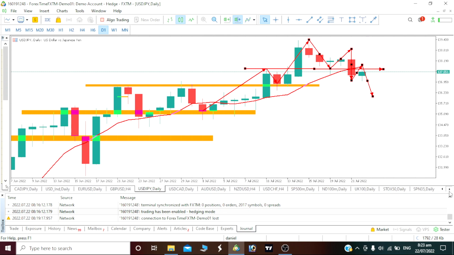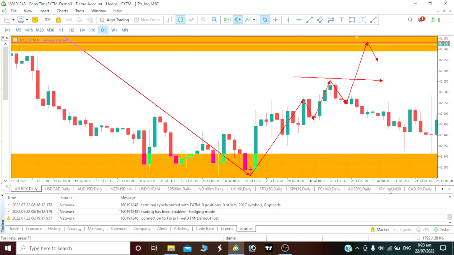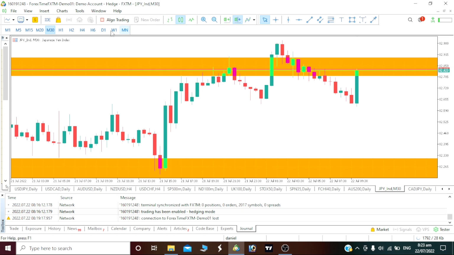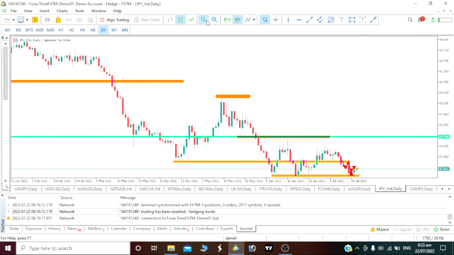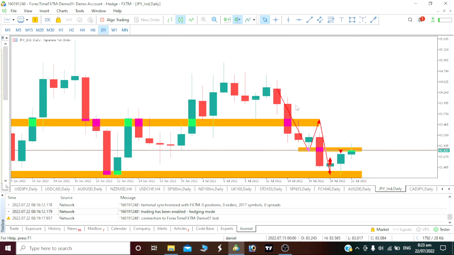Now let me show you our JPY index, by the way. On our daily time frame, you can see that we were on a downward move, right? And now our JPY itself is starting to give us that bullish move. Can you see it now?